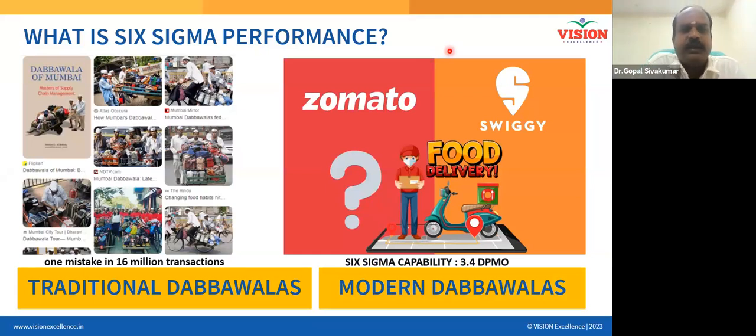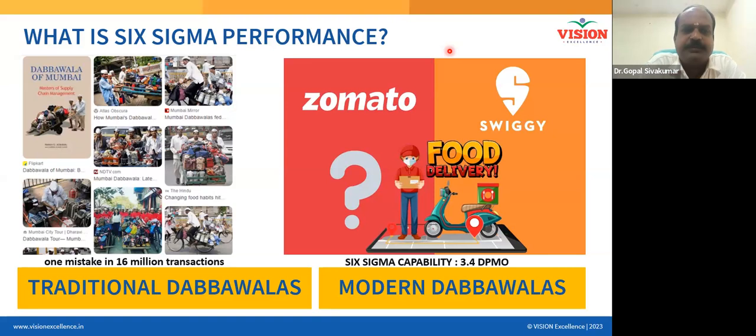DPMO stands for defects per million opportunities. Every single delivery that is happening, how many opportunities for a failure exist? Just now we discussed 3 opportunities, isn't it? If the food arrives late, that's the first failure or first defect.